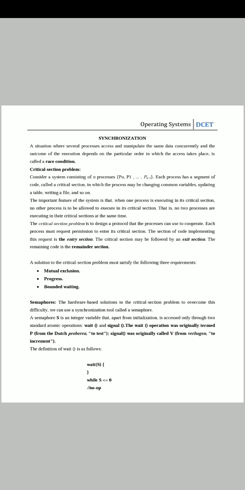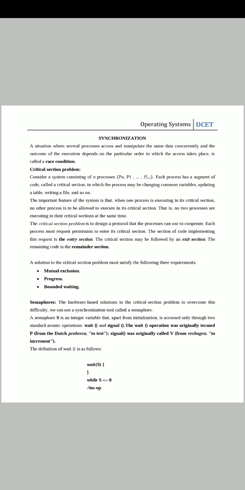For any process, if it wants to enter its critical section, that is the important segment of code it wants to execute. So any process trying to enter its critical section has to follow three sections: entry section, exit section, and remainder section. If it wants to enter the critical section, it has to take permission from the operating system.